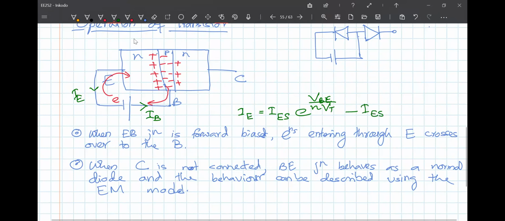So this is the Ebers-Moll model. The current and the voltage applied, this is VBE. So that behaves as expected.